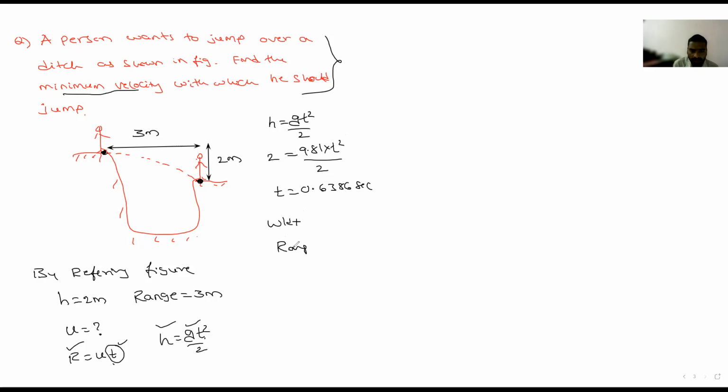Again, we know that range is equal to U into T. Range is given as 3 meter, that is equal to U, which I have to determine, into 0.6386 seconds.